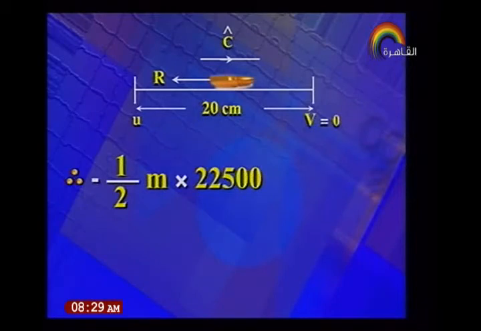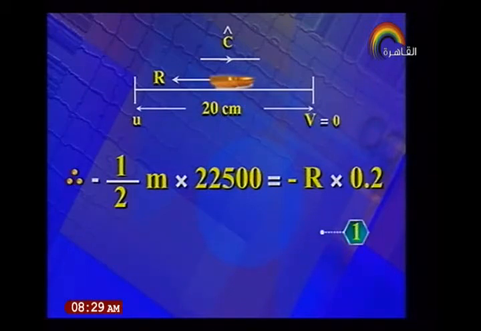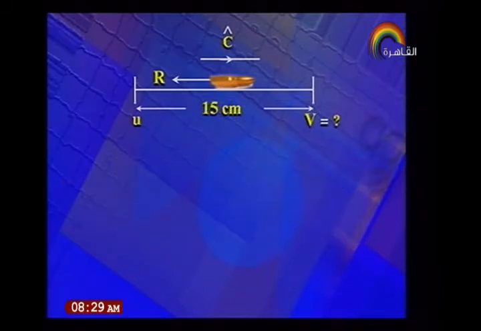Then negative ½ m times 22,500 equals negative R times 0.2. This is equation number 1. We have two unknowns, m and R. m represents the mass, R represents the resistance force.